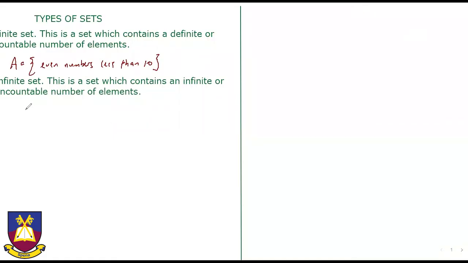An infinite set is the opposite of a finite set. For it contains an uncountable number of elements. Let me assume, just like in set A, we have here a set of even numbers, B. But this time, I'll just say even numbers.